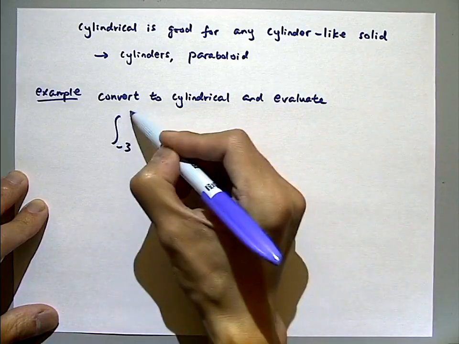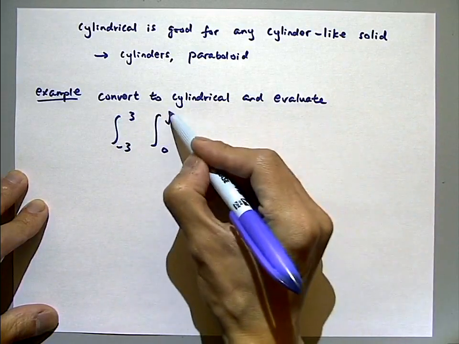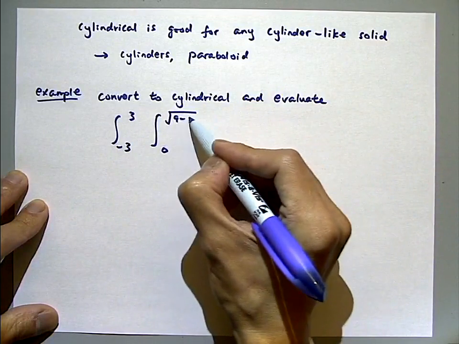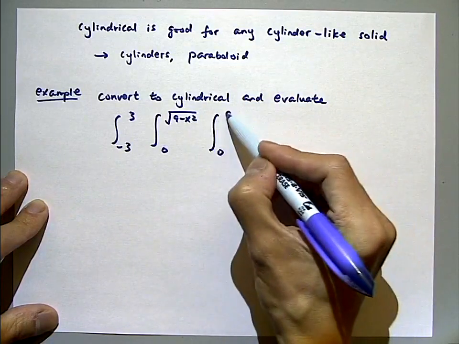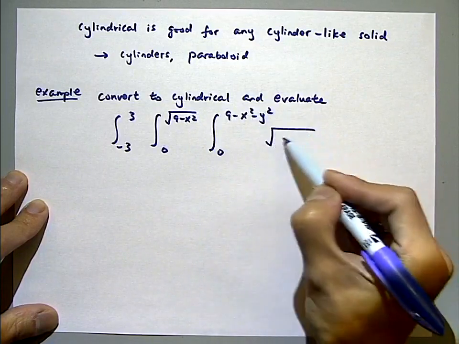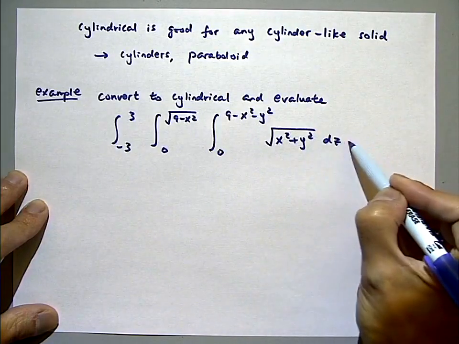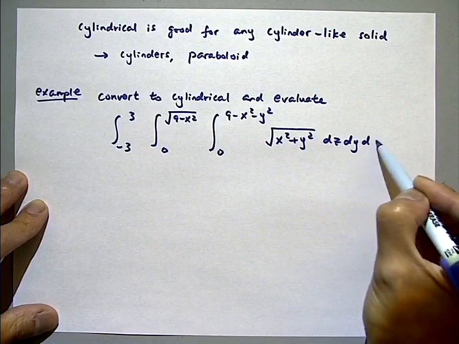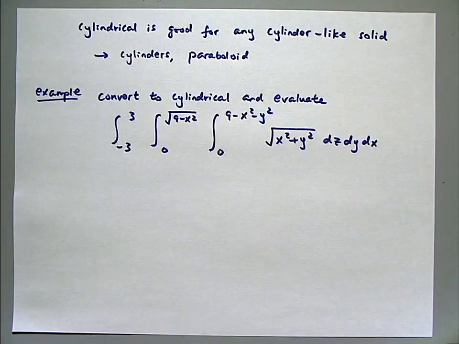suppose we started with a Cartesian triple integral. So right now we're in Cartesian.